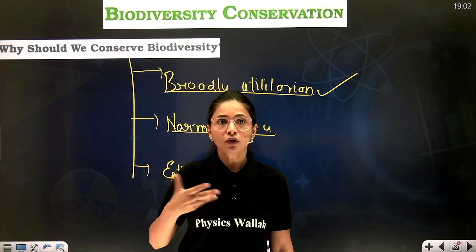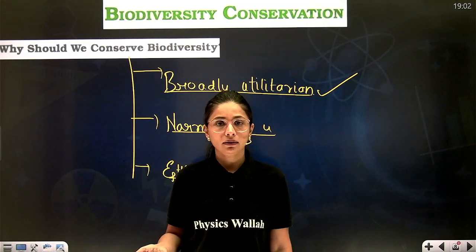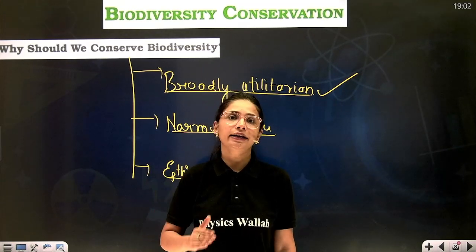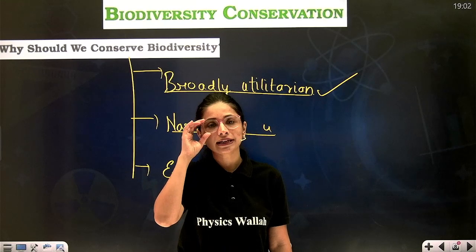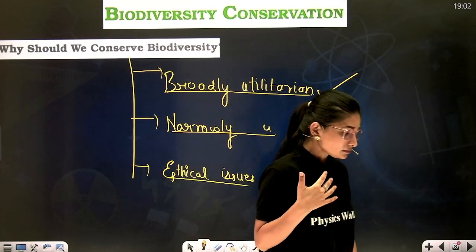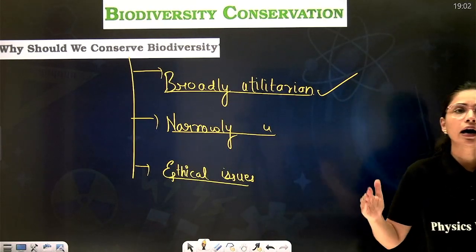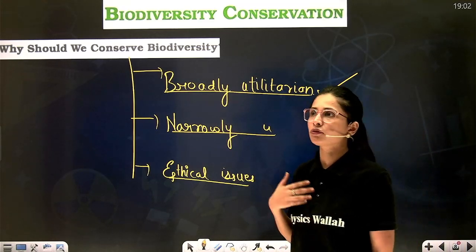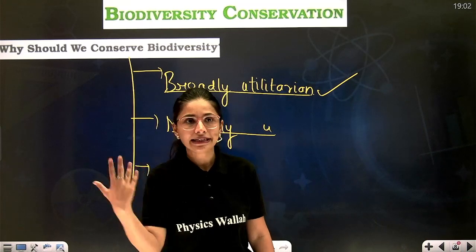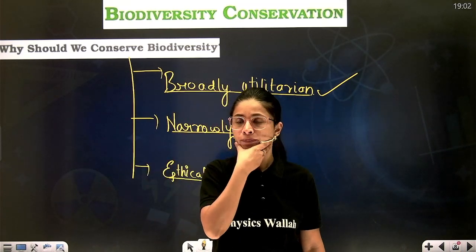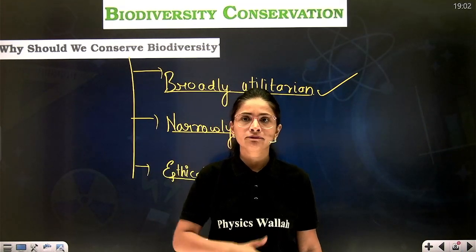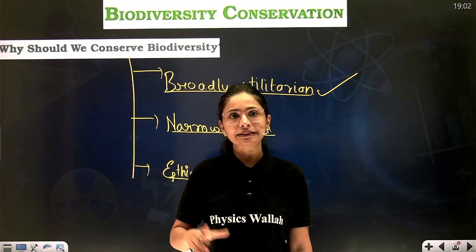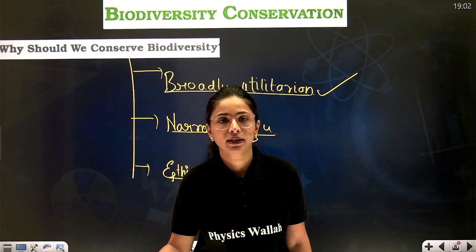So they may not be related to direct economy, but yes, they are still related to economy. So broadly utilitarian means that we should conserve our nature because it is giving you so much in the form of oxygen, in the form of scenic beauty, in the form of soil where you live, the air which you take in. These are non-profitable, but even still we cannot survive without them.